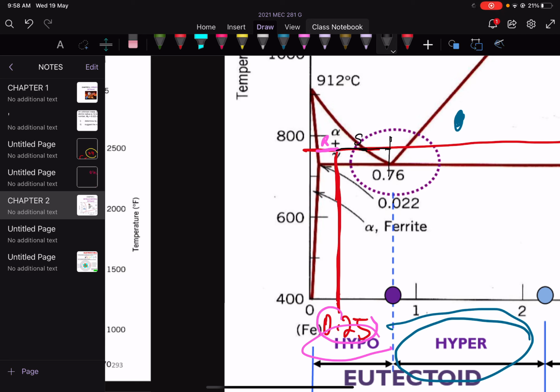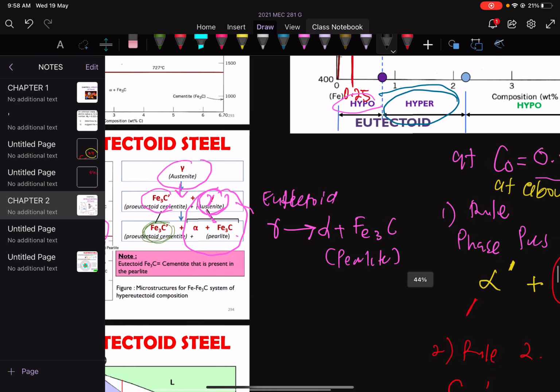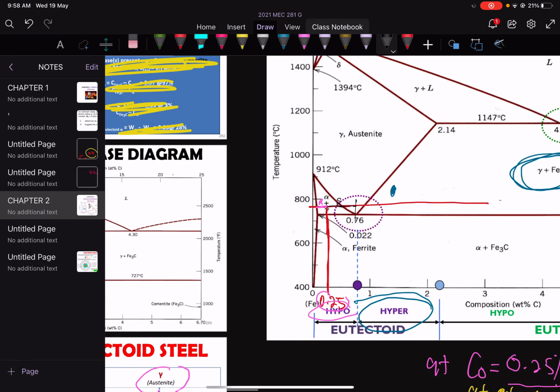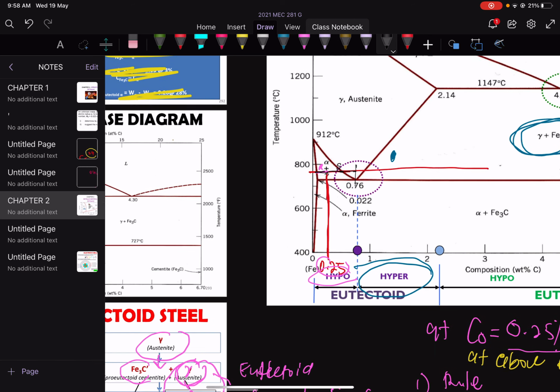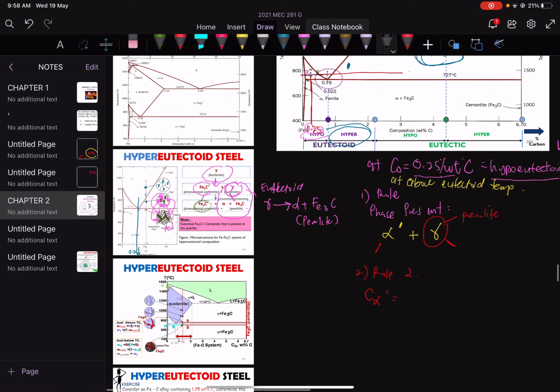This one is S. Okay, so the composition of alpha is, remember hypoeutectoid is happening at 0.02 weight% of carbon.